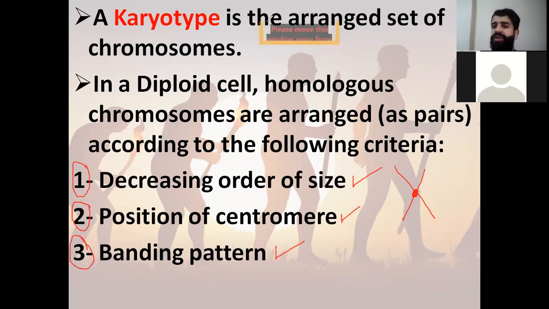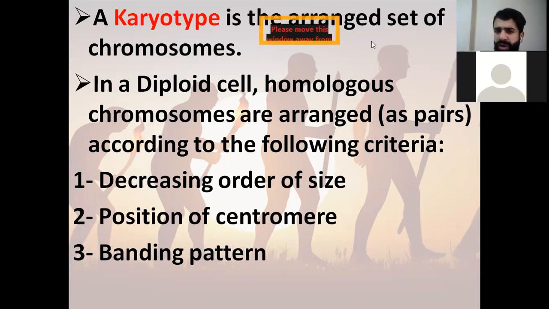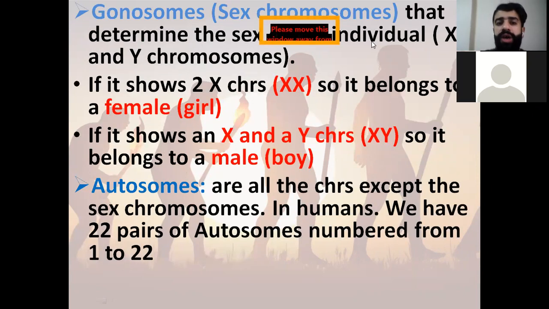What do you know about the chromosomes? What are the different types? We have first the gonosomes. Gonosomes are the sex chromosomes. From their name, the sex chromosomes determine the sex of the individual, whether it's a male or a female. So the gonosomes are the X and the Y. X and Y are the sex chromosomes, and they are called the gonosomes.